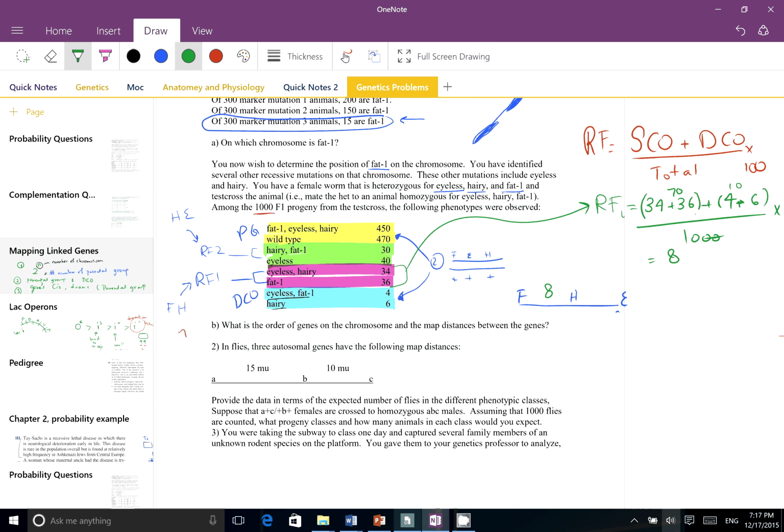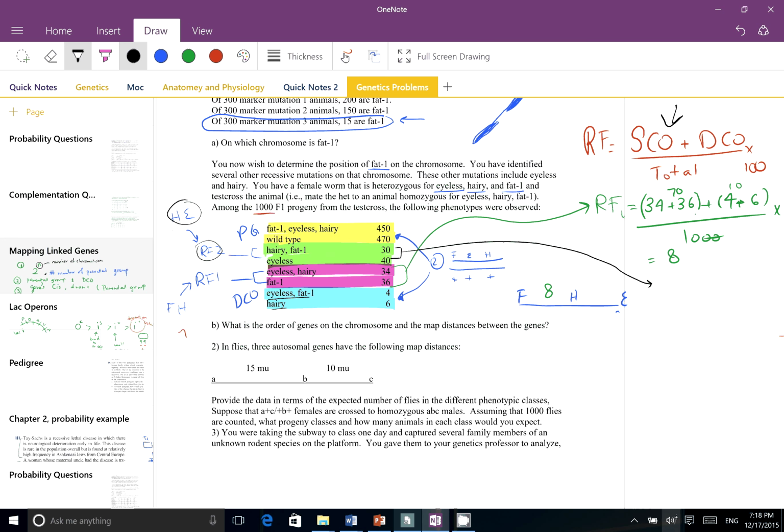And then for the distance between H and E, see, this is the distance between H and E. So I'm gonna use these two numbers, using this equation.